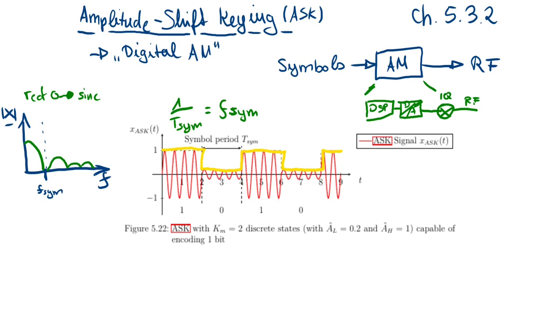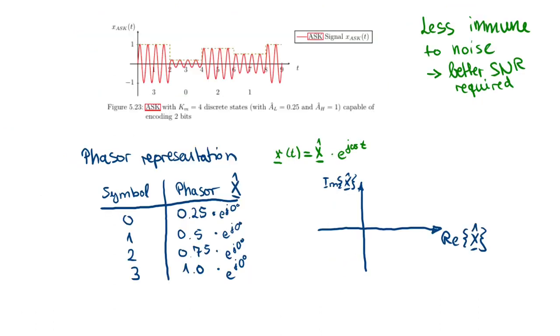In the previous example, if you consider binary data given by the computer into the symbol mapping, then we can decode 1 bit into 1 symbol. So 1 bit is 1 symbol here. But now with 4 discrete states, you can decode 2 bits into 1 symbol.